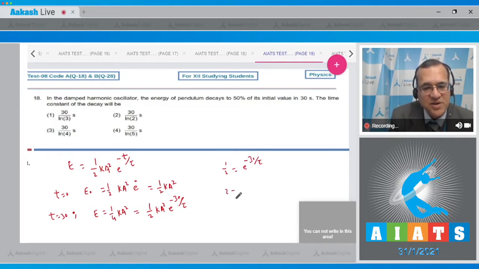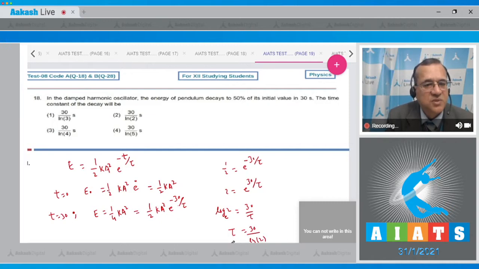Therefore 2 is equal to e power 30 divided by tau, and you take the log on both sides. So log of 2 is equal to 30 by tau, and tau is equal to 30 divided by the natural log of 2. Look at the options. The second option is given. So the answer to this question is option number 2.